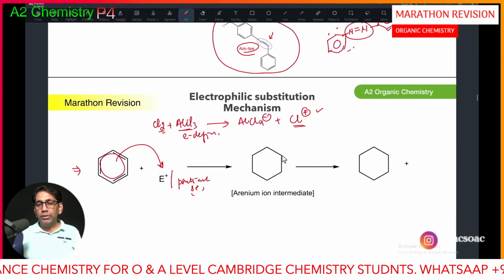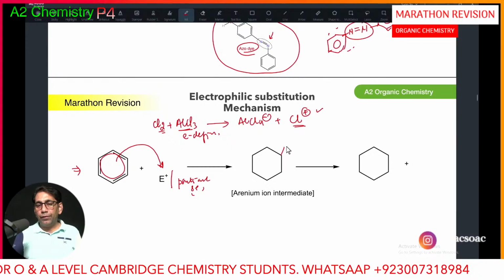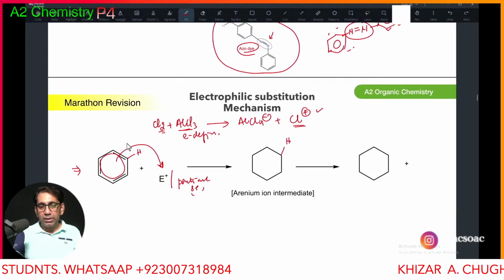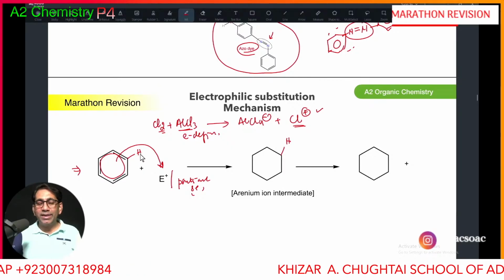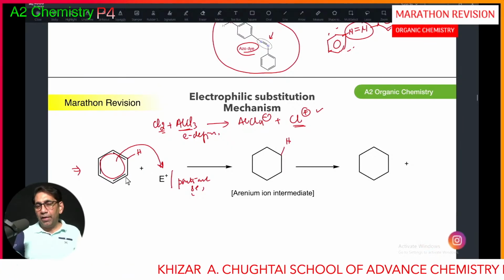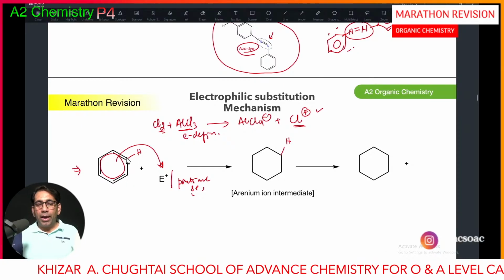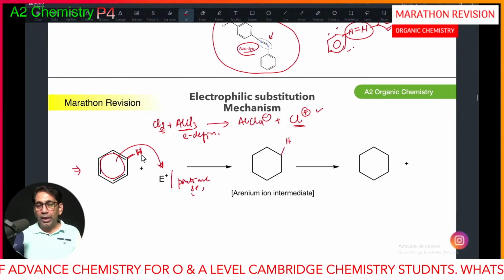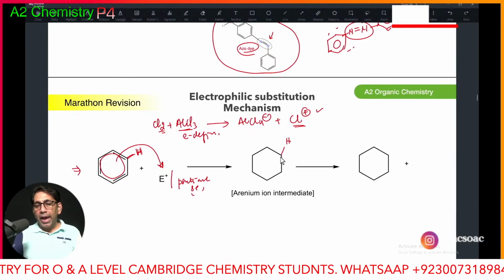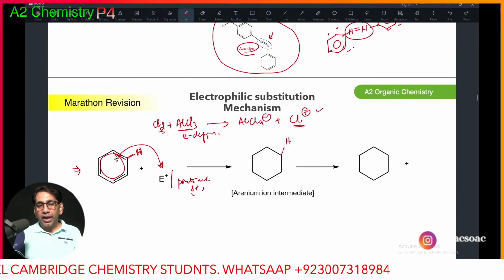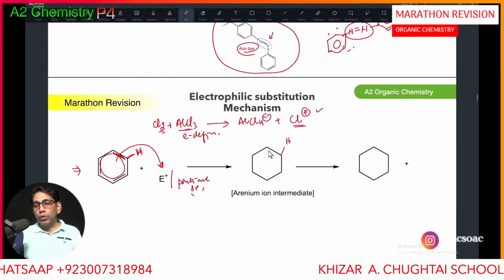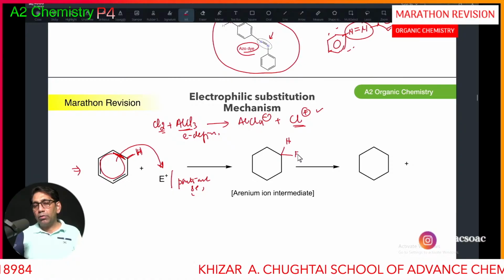So what will be formed? There is H, not H positive ion, sorry. As I told you, all carbons are having one H. The H atom is over here, same over here, and this pi bond attacked this electrophile, so it has been shifted outside the ring.